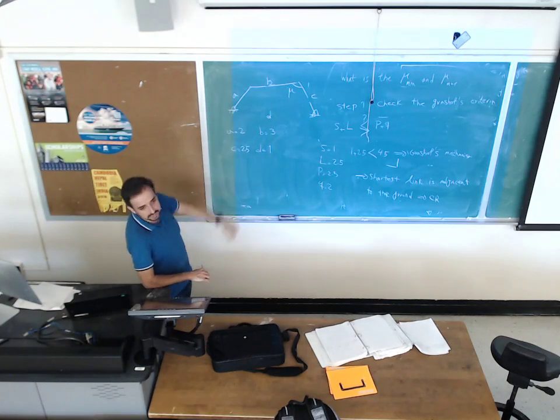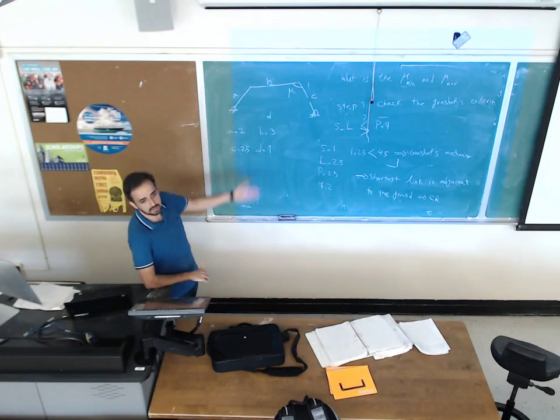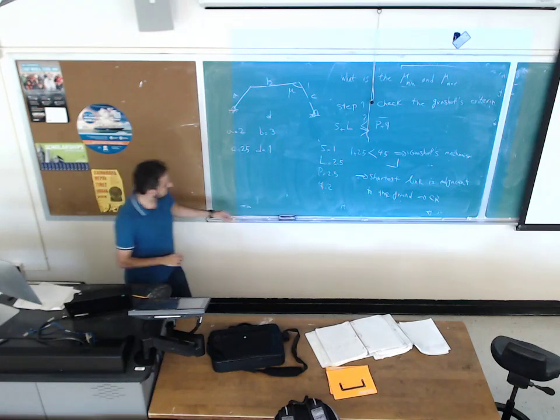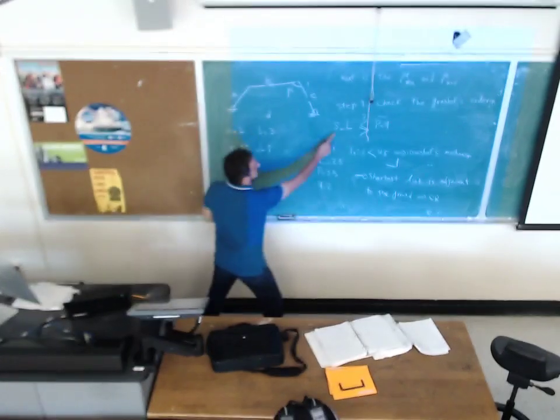What kind of mechanism do we have here? Grashof. And if it's Grashof, what type of Grashof is that? Is it crank rocker, double crank? Double crank, because I'm checking this.